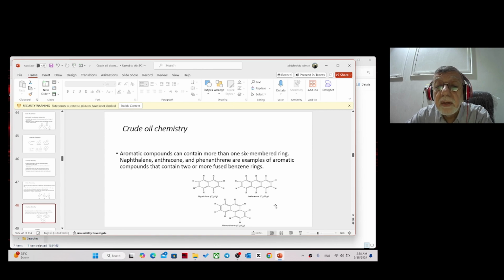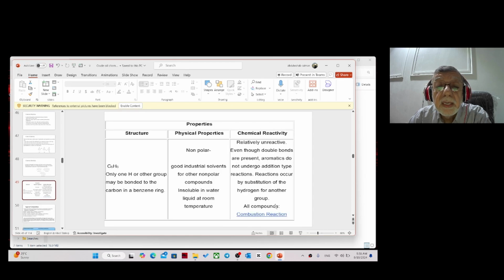An aromatic compound can contain more than one 6-member ring. Naphthalene, anthracene, and phenanthrene are examples of aromatic compounds that contain 2 or more fused benzene rings. General properties of aromatic hydrocarbons: C6H6, only one hydrogen or other group may be bonded to each carbon in the benzene ring, like xylene.